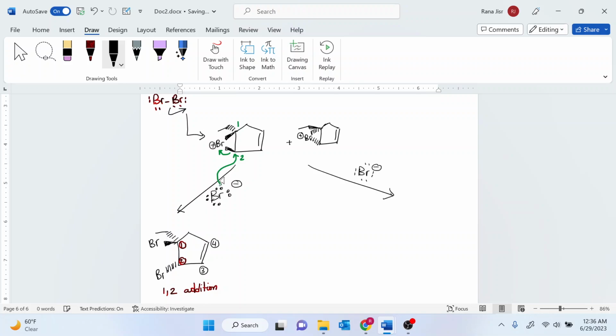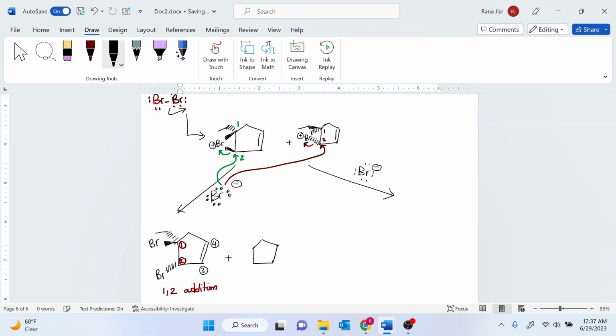So it's either a bromide attacking carbon number 2, opening the bond for this stereoisomer, or the bromide attacking from the front of this carbon. We're still in the 1,2 addition and opening this bond. So you are going to end up getting the second isomer in there.